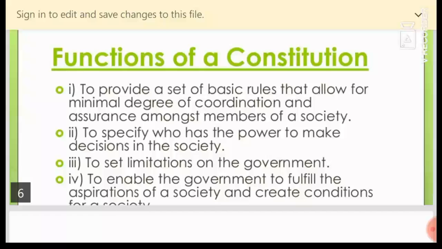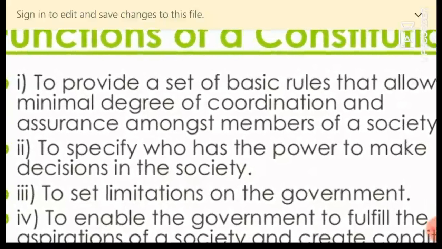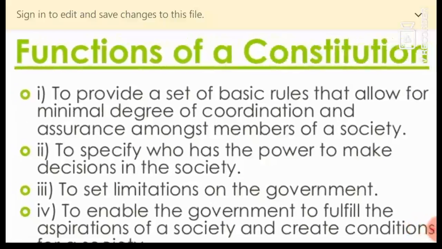So first and foremost function of a constitution is to provide a set of basic rules that allow for minimum degree of coordination and assurance amongst members of a society. Children, when we say society, there would be regional groups, religious groups, different cultural and language diversity.